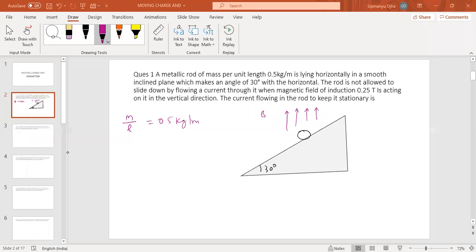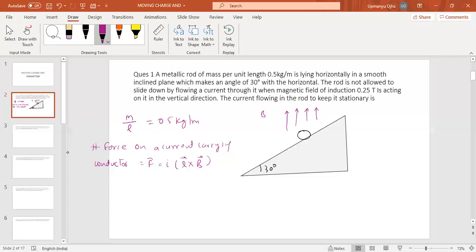The force on a current carrying conductor is given by F equal to I L cross B, where L is the length of the conductor and B is the magnetic field.